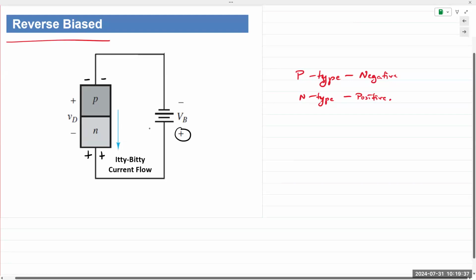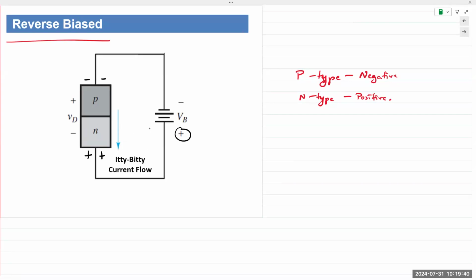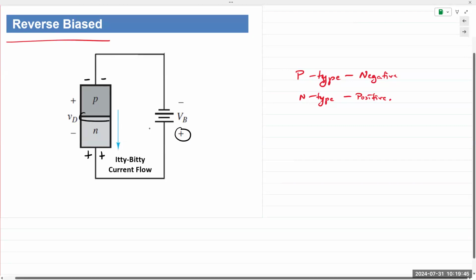What that does is, at the interface of the junction, meaning at the interface of P and N, the depletion region expands. Let's say this was the original depletion region, or original width, and then it expands from that point on.